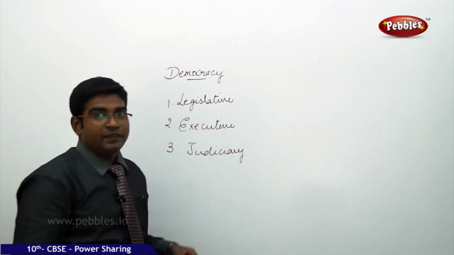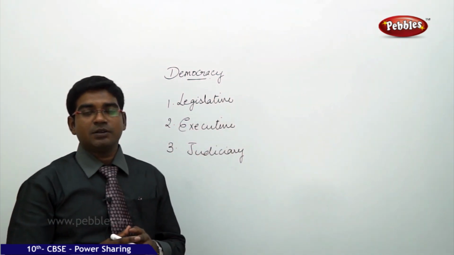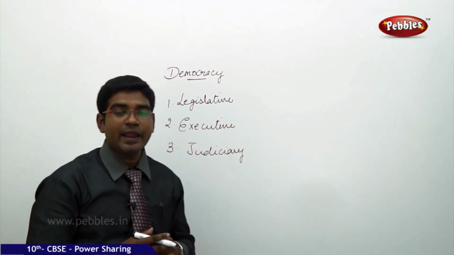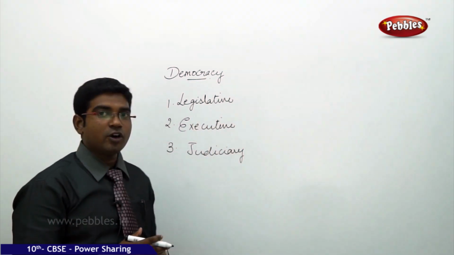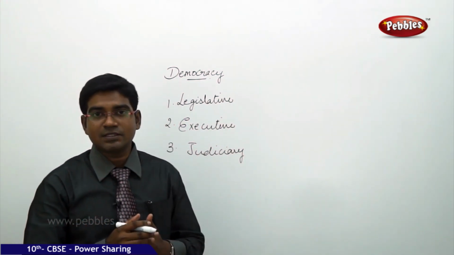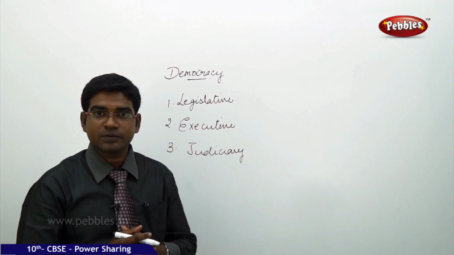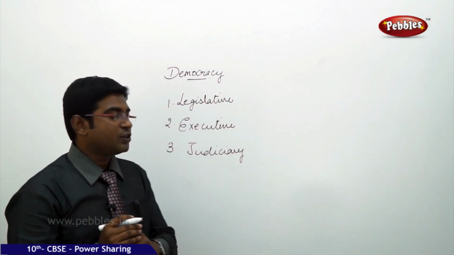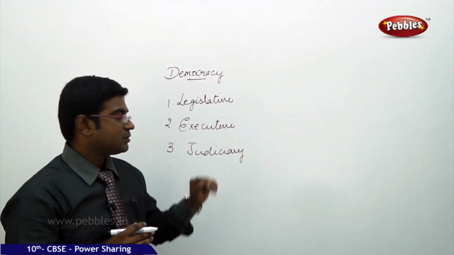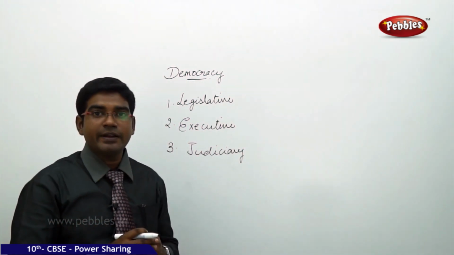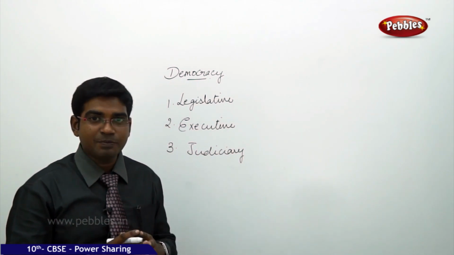It is an intelligent sharing of power between the legislative, executive and judiciary, and none of the 3 organs will have the same or more power when compared to the other organs. So it is a very clever and intelligent sharing, and finally elected by the people.